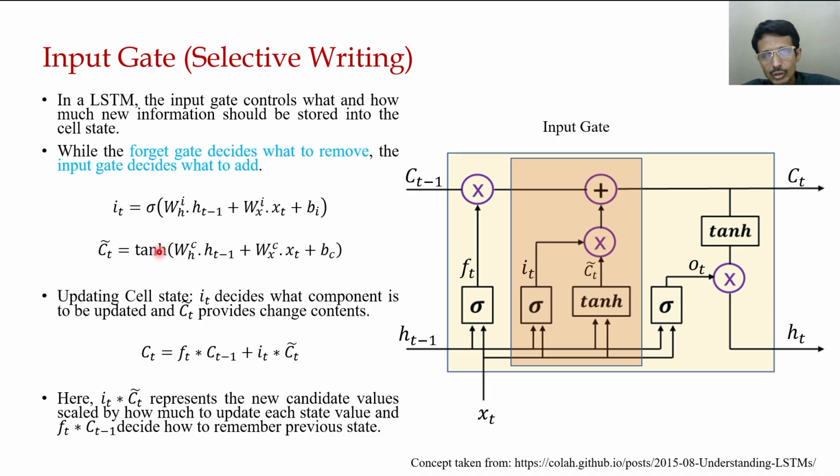And we put a tanh nonlinearity over it. That is c_t tilde. This i_t decides what component is to be updated, and this c_t tilde provides the change content.